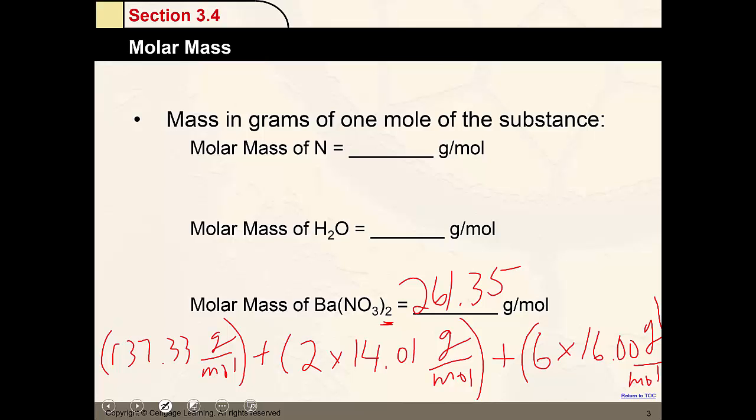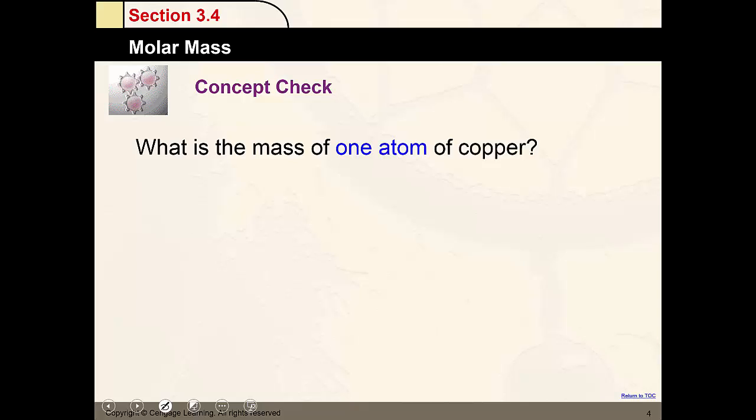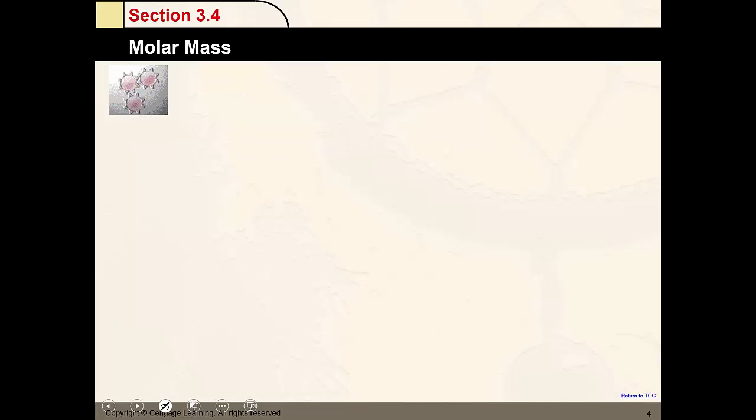Okay, so you should be able to calculate the molar mass of any compound. And sometimes you'll see it as molar mass, sometimes you'll see it as molecular weight. That is the mass in grams of 1 mole of compound. And much like how you should be able to convert from moles to atoms and atoms to moles, you should also be able to convert between moles and grams.